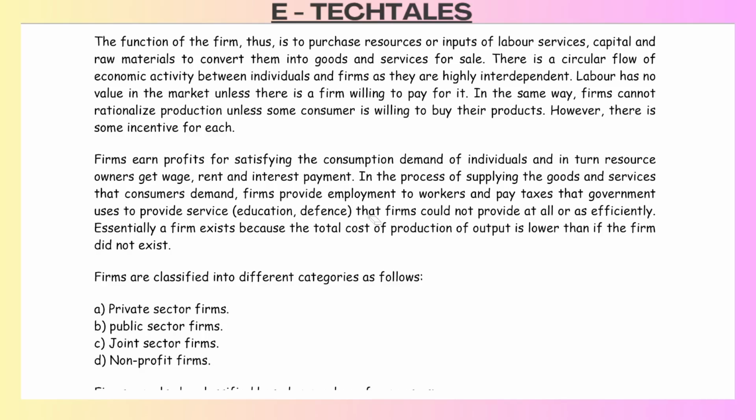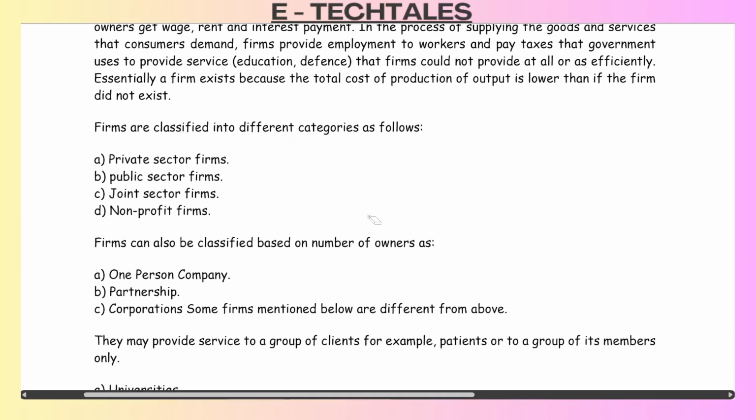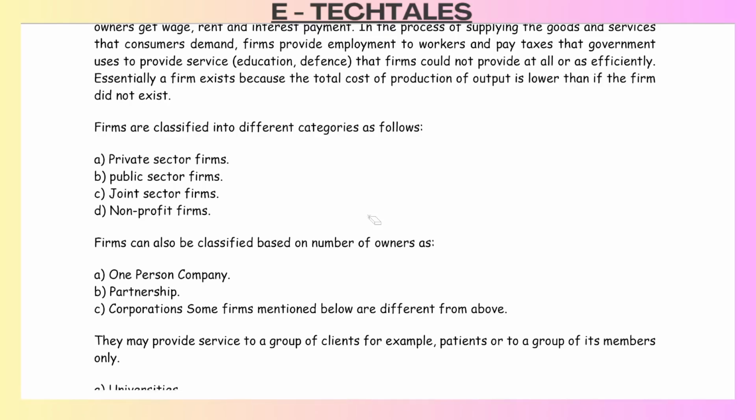Right? So, firms can be classified into different categories. Sorry, they are of many types. First is the private, then the public, then joint, then non-profit firms. Okay, and by point of ownership, there are sole proprietorship companies, then there are partnerships and corporations.